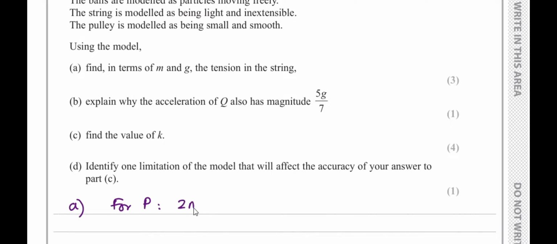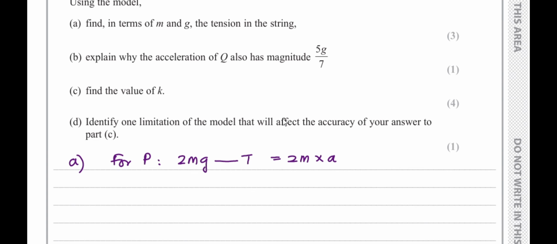Therefore, 2mg, which is the weight, that is 2m times the acceleration due to gravity, minus its opposite force, the tension, because 2mg overcomes the tension to move down, is equal to its mass, 2m, times the acceleration. Now the question already tells you the acceleration is 5g over 7. So we just substitute here so we can find the T.